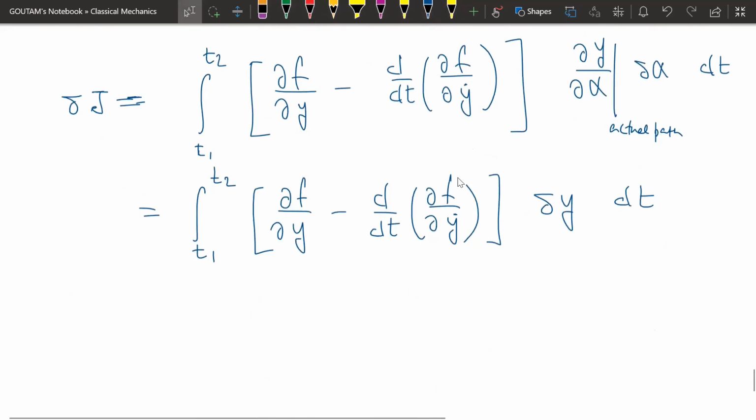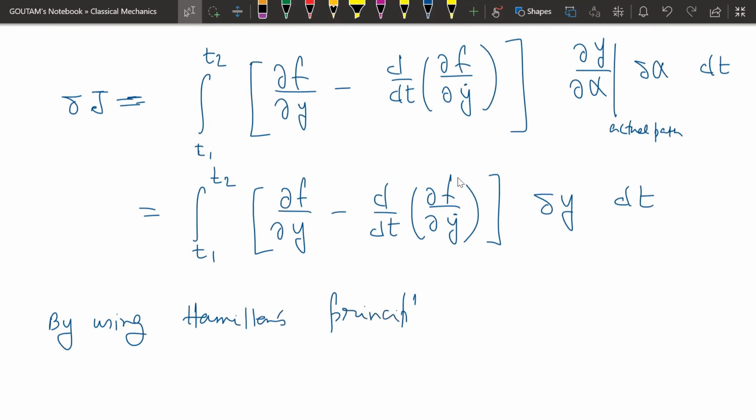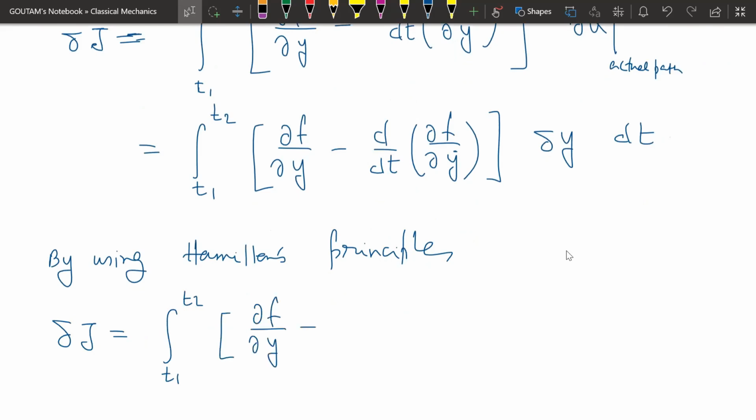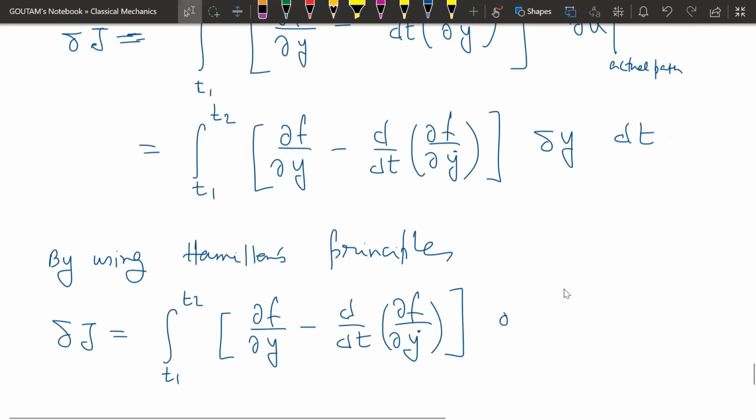So by using Hamilton's principle, we can write delta J equals integral t1 to t2 of del f del y minus d/dt of del f del y dot, times delta y dt.